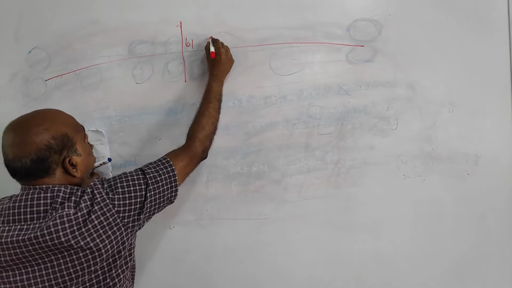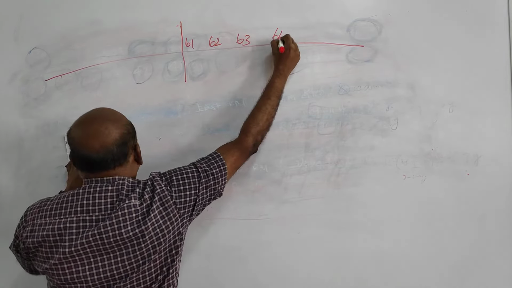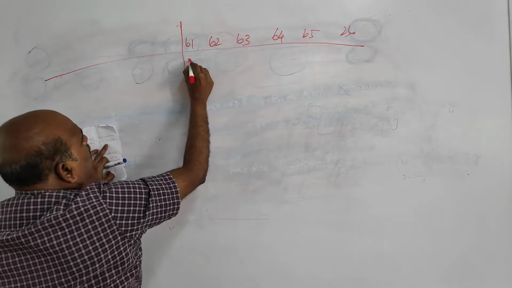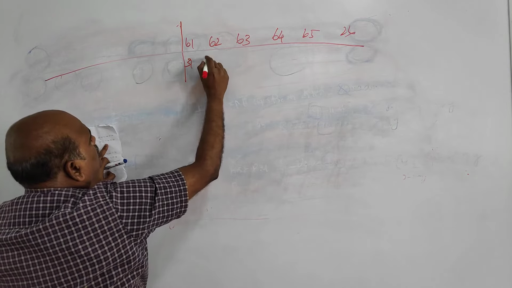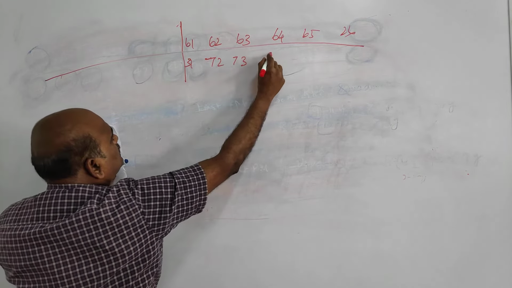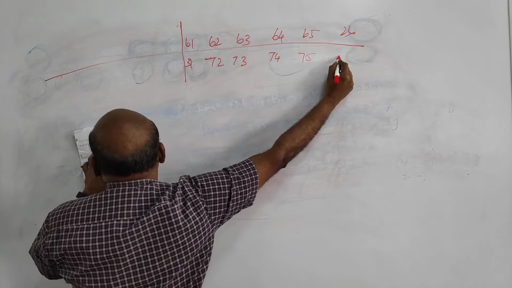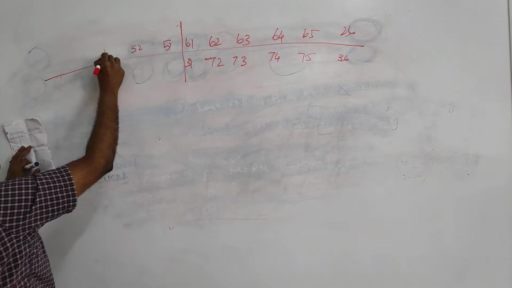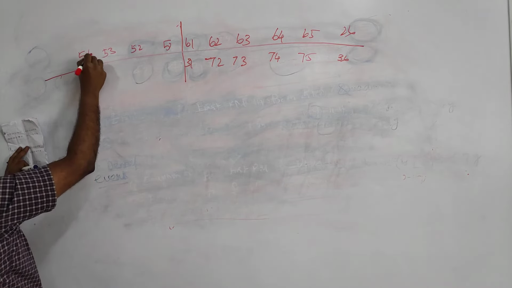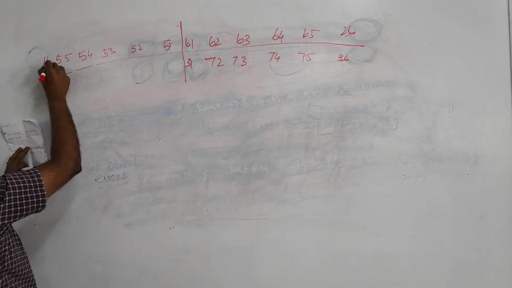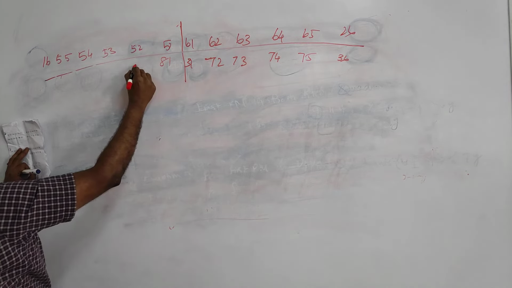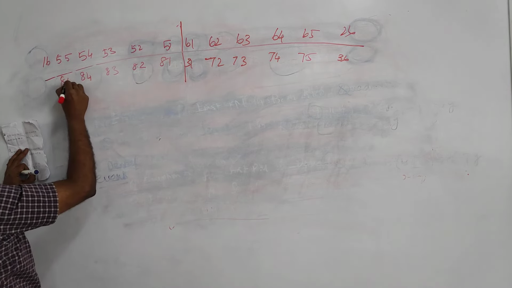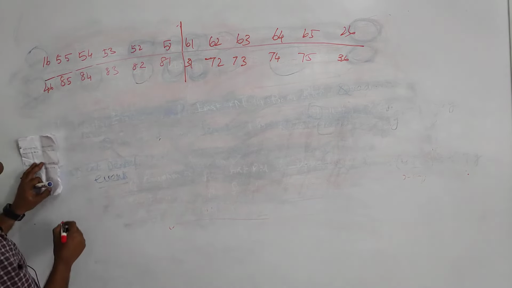Here 6-1, 6-2, 6-3, 6-4, 6-5 and 2-6, 3-1, 7-2, 7-3, 7-4, 7-5, 3-6, 5-1, 5-2, 5-3, 5-4, 5-5, 1-6, 8-1, 8-2, 8-3, 8-4, 8-5, 4-6, like this.